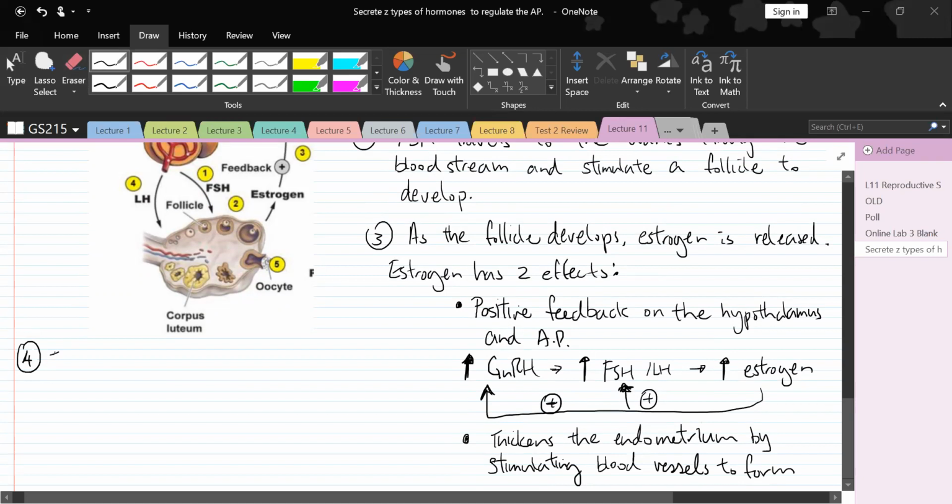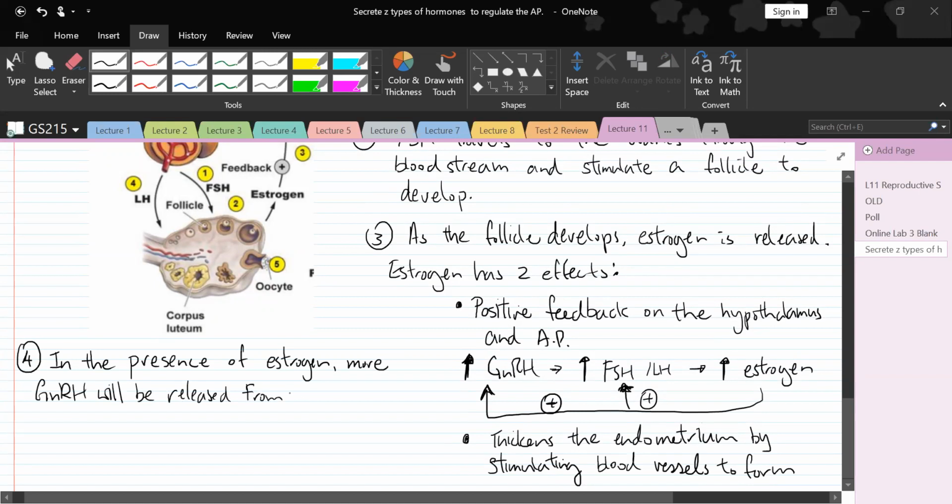Number 4 is this: in the presence of estrogen, more GnRH will be released from the hypothalamus.